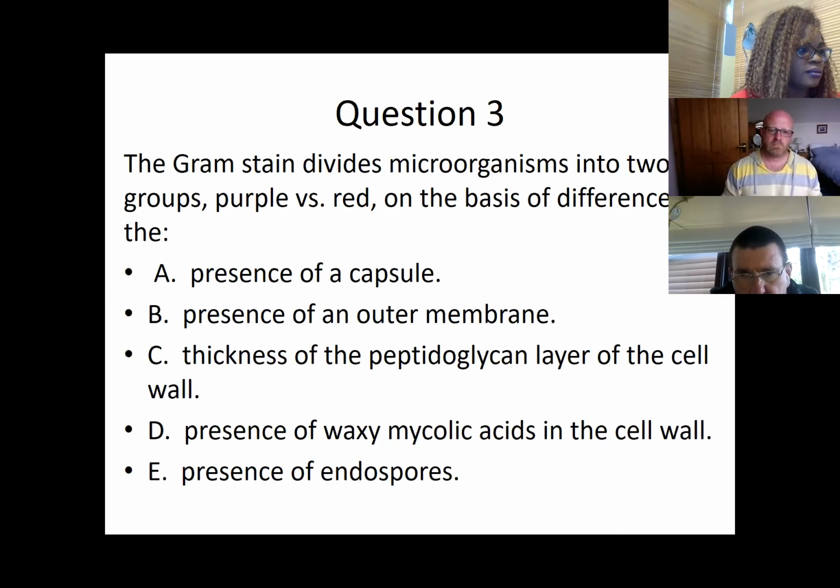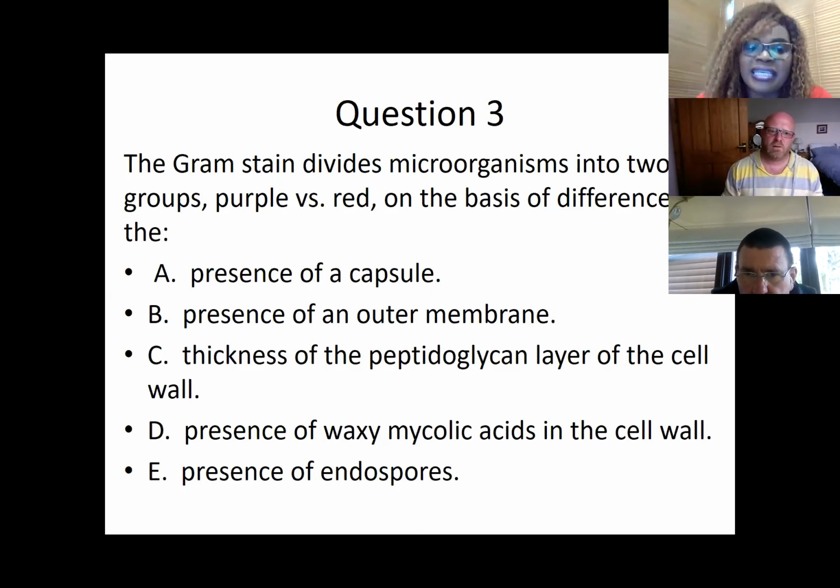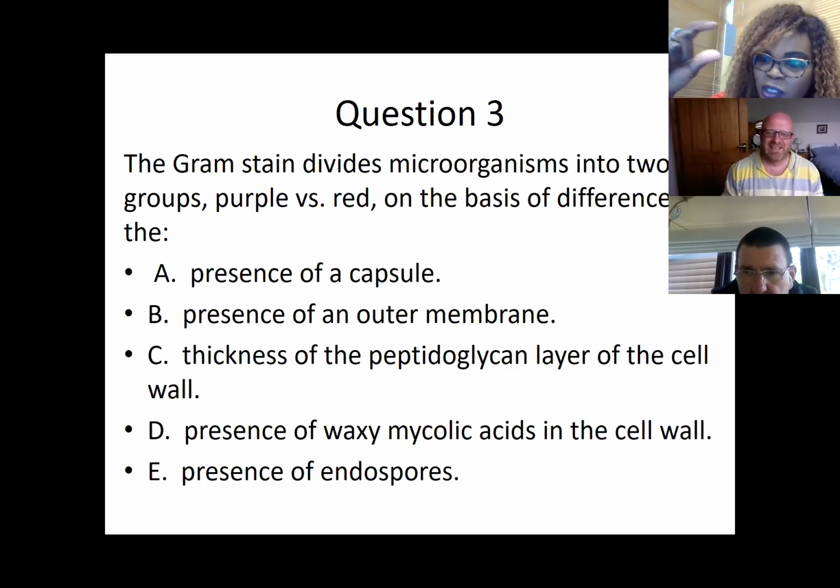C. Did you say B? C. Well, it could be actually C, yeah. Oh, I just told you the answer. It's D then, isn't it? The presence of the wax in my colleague. Sorry, it's not D, it's C. It's based on the thickness of the peptidoglycan layer. It's C.